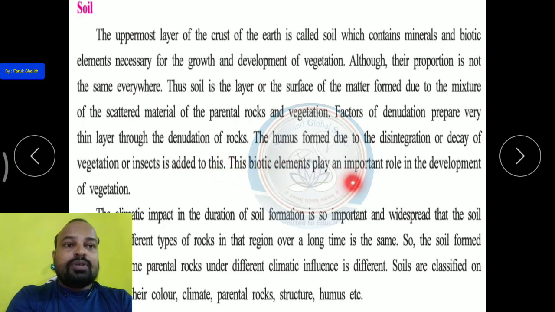These biotic elements play an important role in the development and growth of vegetation.